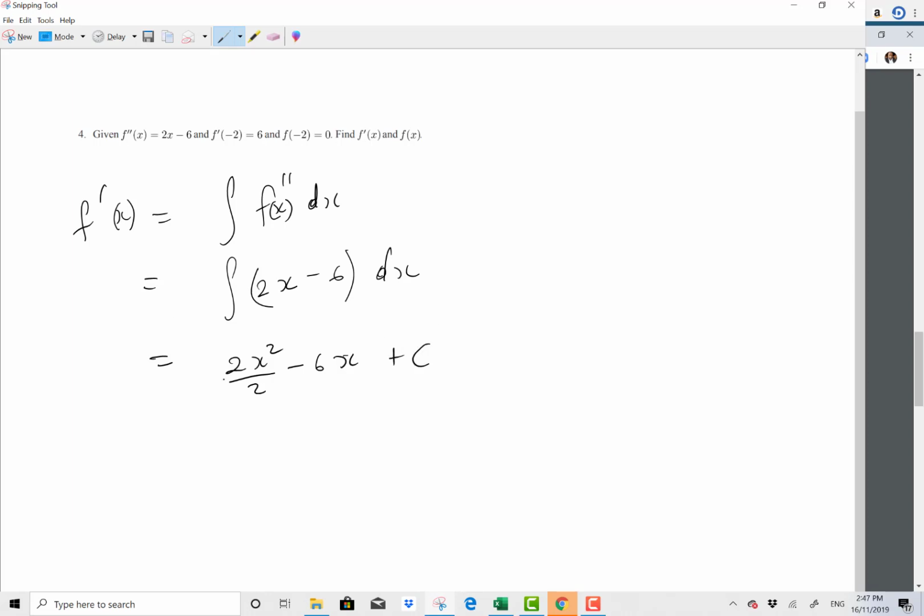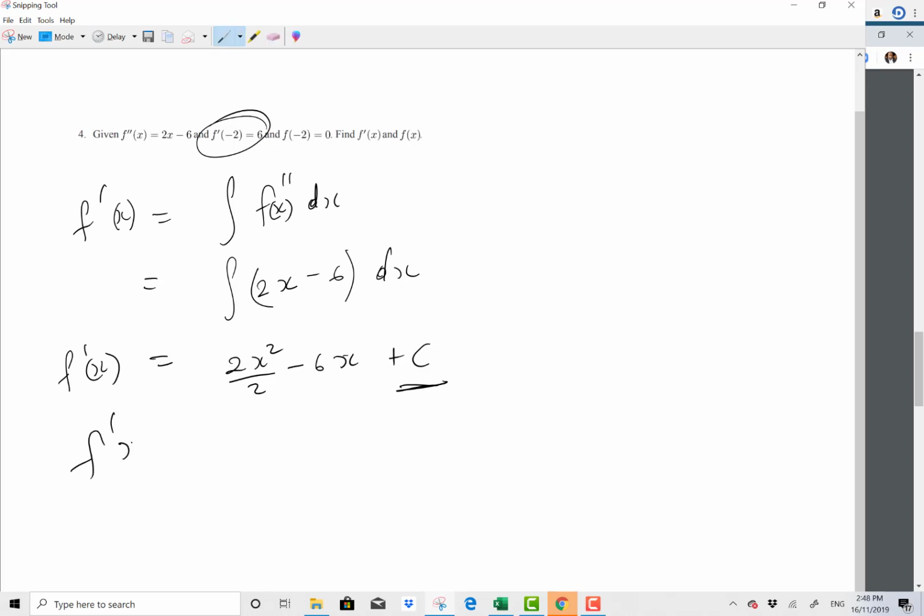This is f prime of x. They told us that this condition is satisfied, so I'm going to plug in to find out what c is. Let me simplify before I plug in.